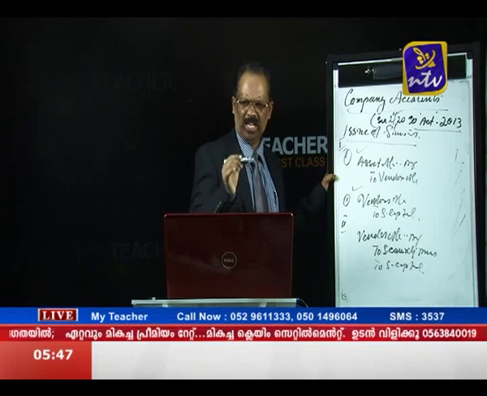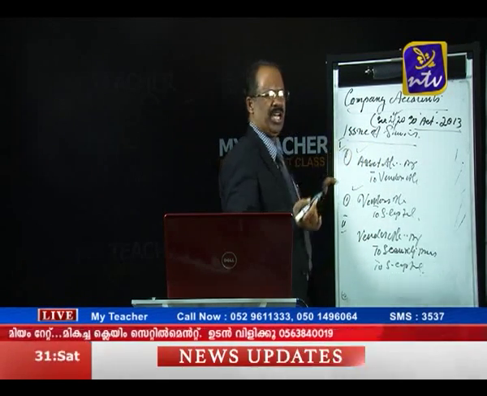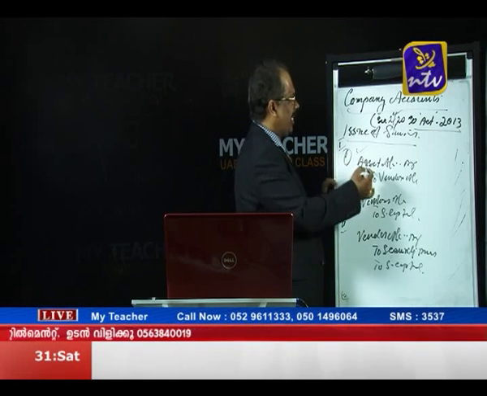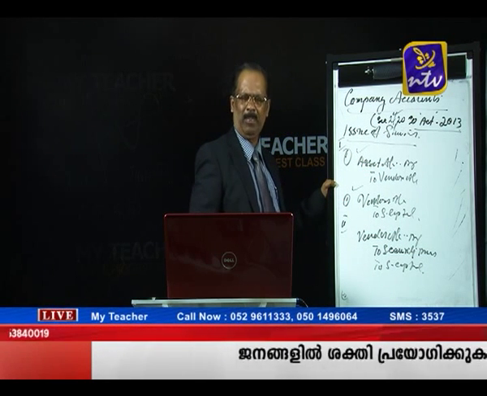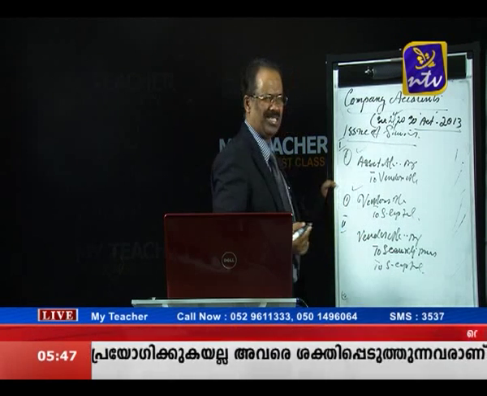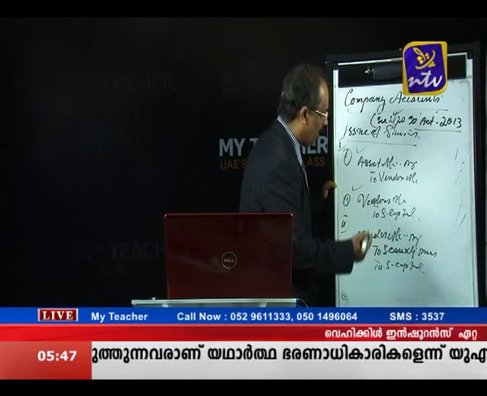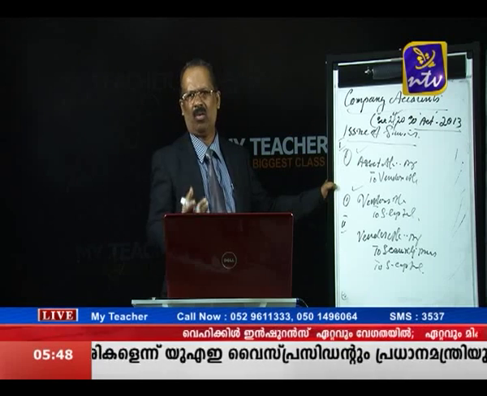Case number 1, we are buying an asset and issuing the shares at par value, face value. That is asset account debtor to vendor, and the second entry is vendors account debtor to share capital. And case number 2, we are buying an asset and issuing the shares at a premium. So asset account to vendor, vendors account debtor to security premium to share capital. So that is our point.